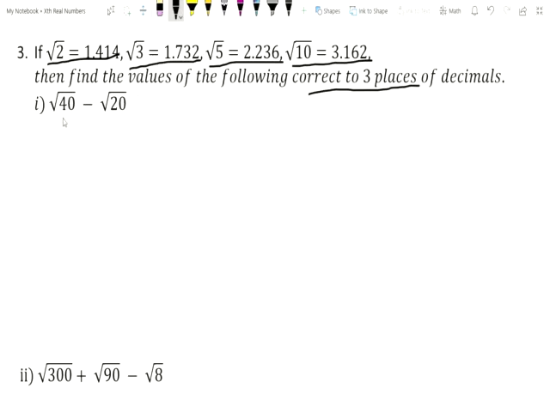Okay, so root 40 minus root 20. First you split this. 40, how can you split this? 4 into 10, minus 20, 2 into 10. Okay, here square root only, so commonly you should put the root. Root of, here 10, 10 is common.